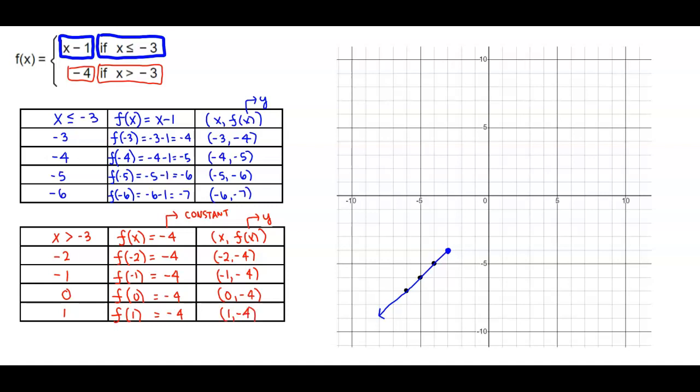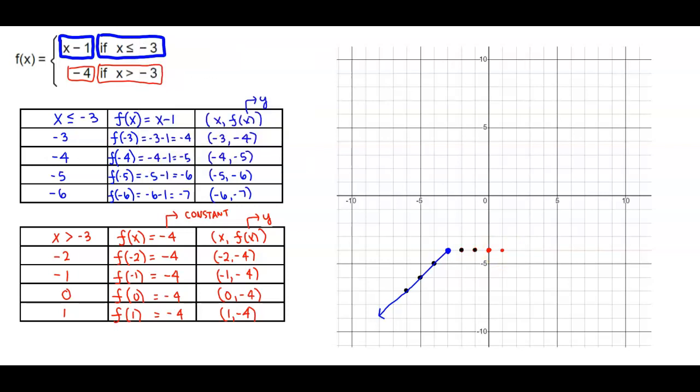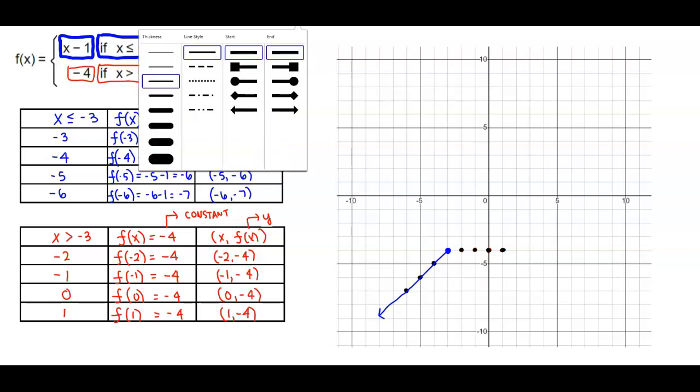Now let's plot these points on the graph. We have negative 2 and negative 4, then negative 1 and negative 4, then 0 and negative 4, and then 1 and negative 4. Let's make sure we have those points there, and then draw a line.